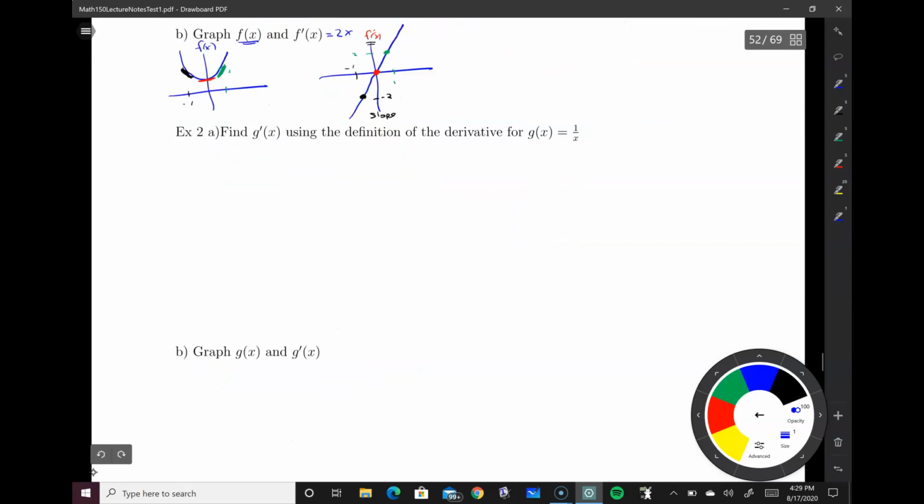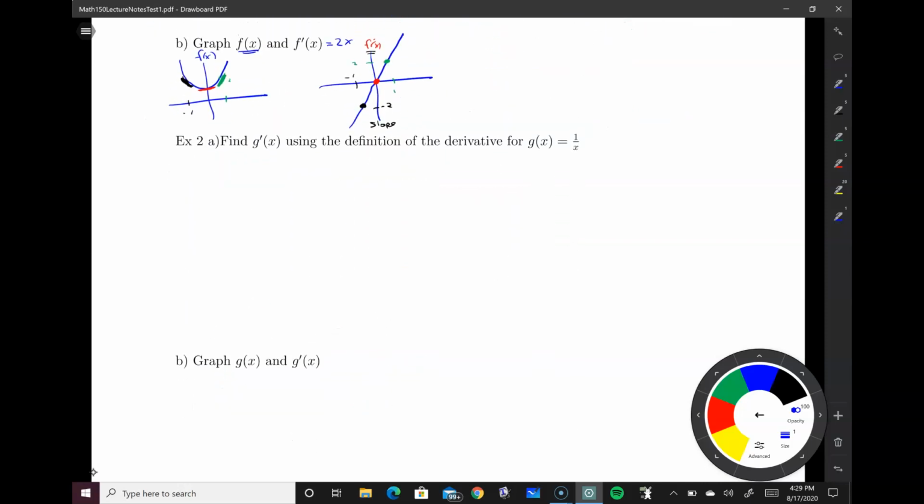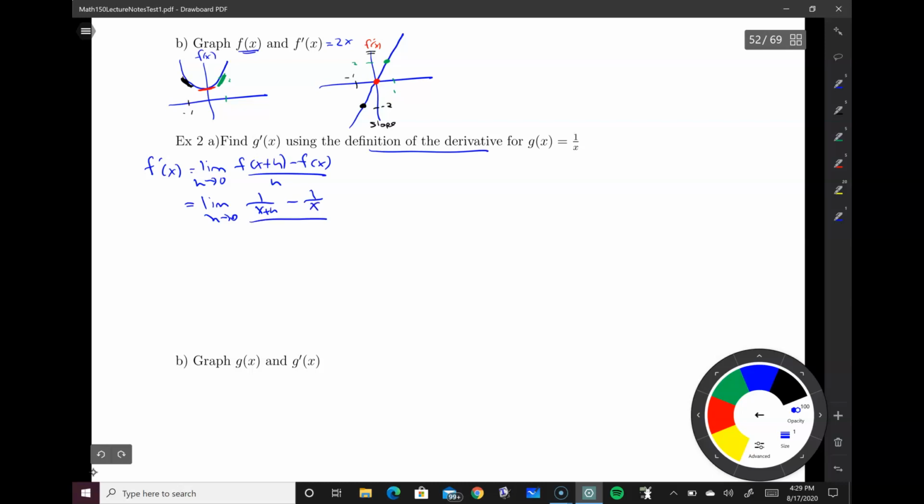All right, let's go through this next example. Use the definition of the derivative, and there's the definition. We've just found that it's easier to do with the definition with h. So let me write it down here again, and then we'll plug it in. We're keeping x there. So limit as h goes to 0 of 1 over x plus h minus 1 over x, all over h.